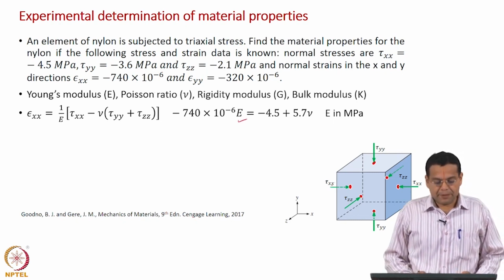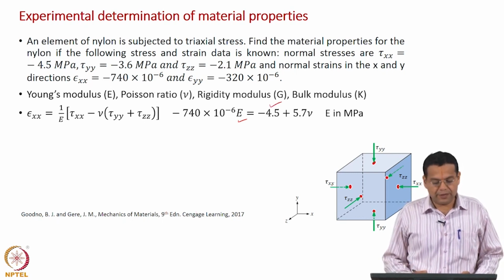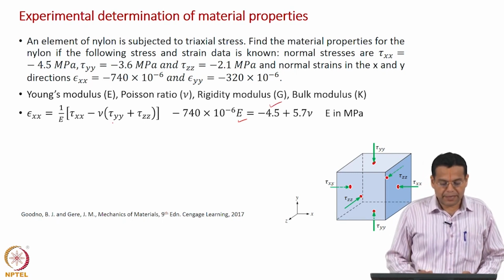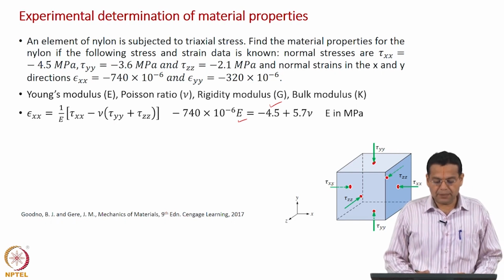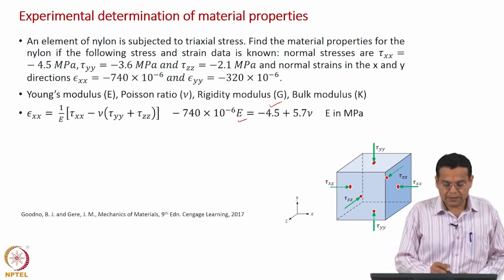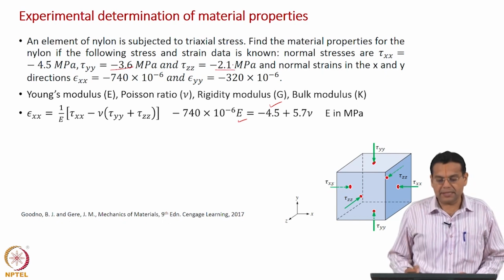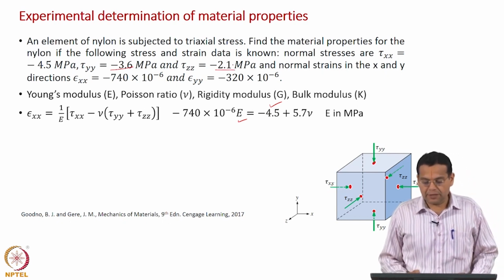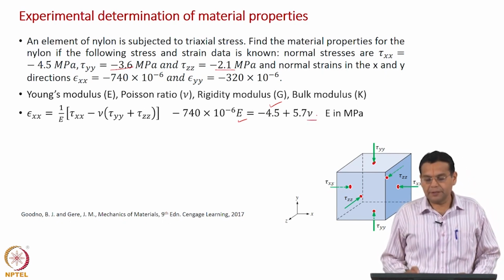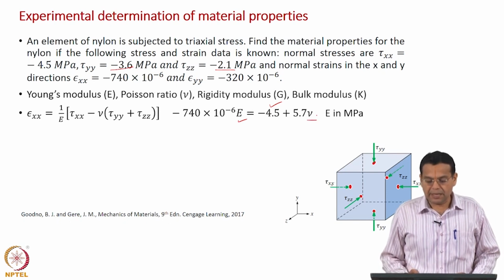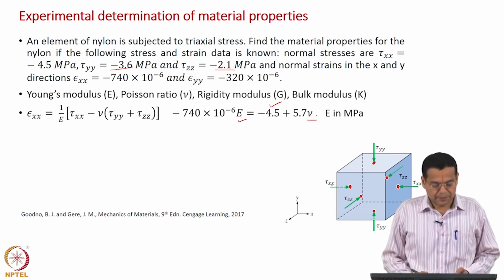On the right hand side we have tau xx, which is minus 4.5, and then minus of tau yy plus tau zz, that is this plus this and then a minus sign will give us 5.7 times nu. Remember, E is in megapascal, same unit as tau.